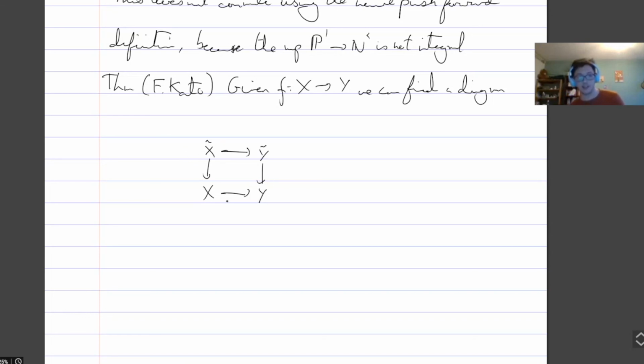Right, so this isn't, as stated, this is the theorem due to Fcarto.